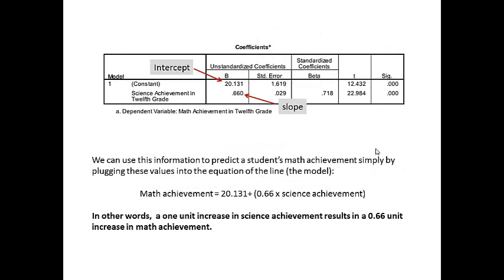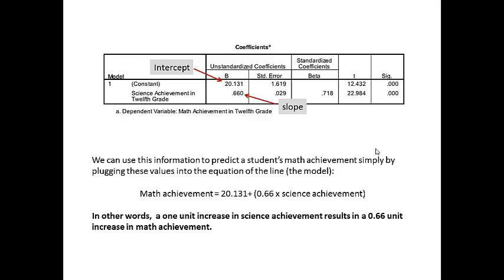We can use this information to predict a student's math achievement simply by plugging these values into the equation of the line. Math achievement is equal to 20.131 plus your beta times science achievement score. In other words, a 1-unit increase in science achievement results in a 0.66 unit increase in math.